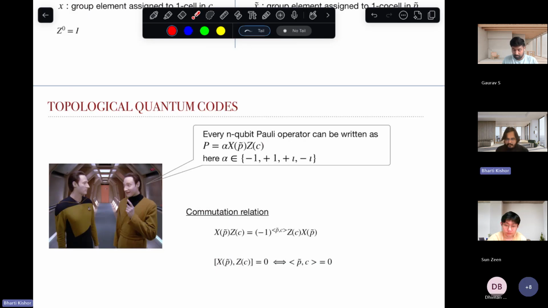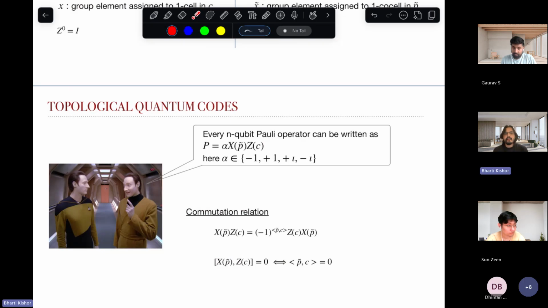If they commute, you get +1, and if they don't commute, you get -1. If we get -1, then the inner product of P tilde and C is equal to 1. And if we want them to commute, that inner product will be 0.